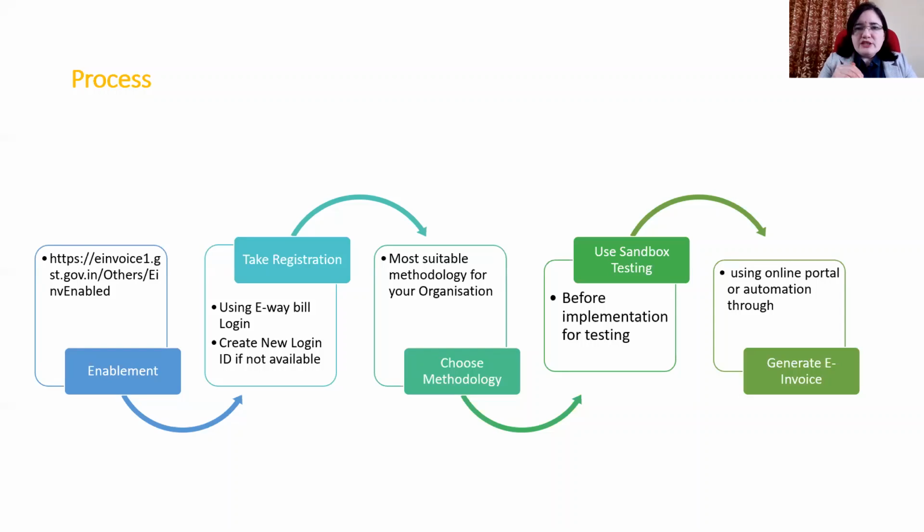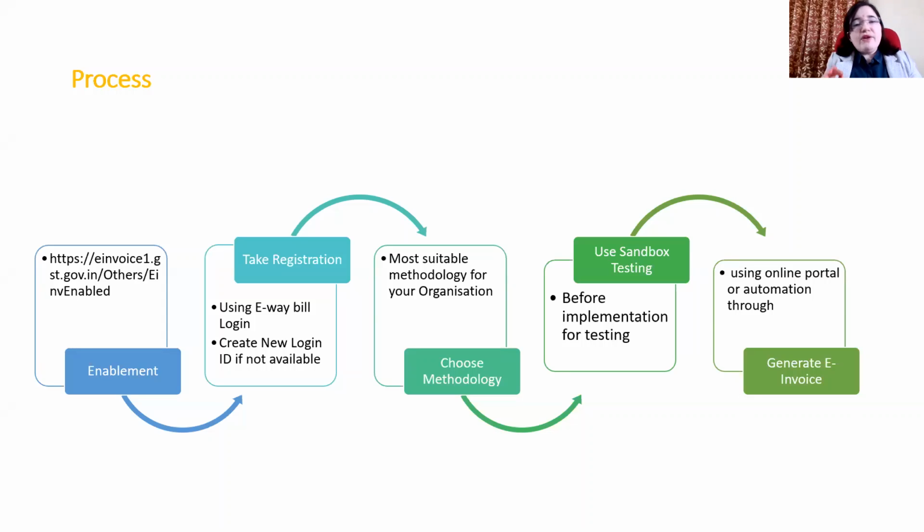Then you have to take the registration. For registration, there are two options available. If you are supplying goods and you have an e-way bill login ID and password, then you can use the same login ID and password for the e-invoicing portal. So you don't need to generate a new password or register newly. You simply use the e-way bill password for the e-invoice portal.